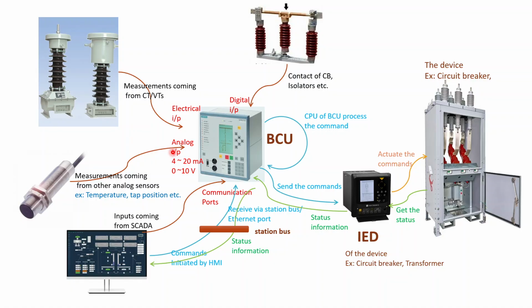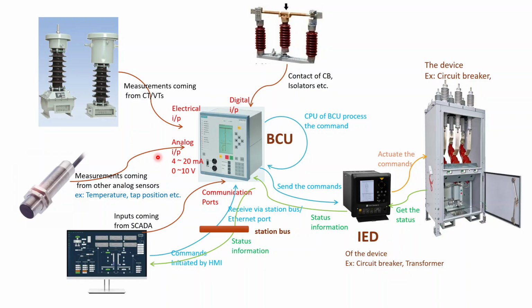So typically these analog inputs could be current inputs or voltage inputs. Typically the current inputs range from 4 to 20 milliamperes, while the voltage signals range from 0 to 10 volts. So these are the standard levels that are accepted by any data acquisition system, right?